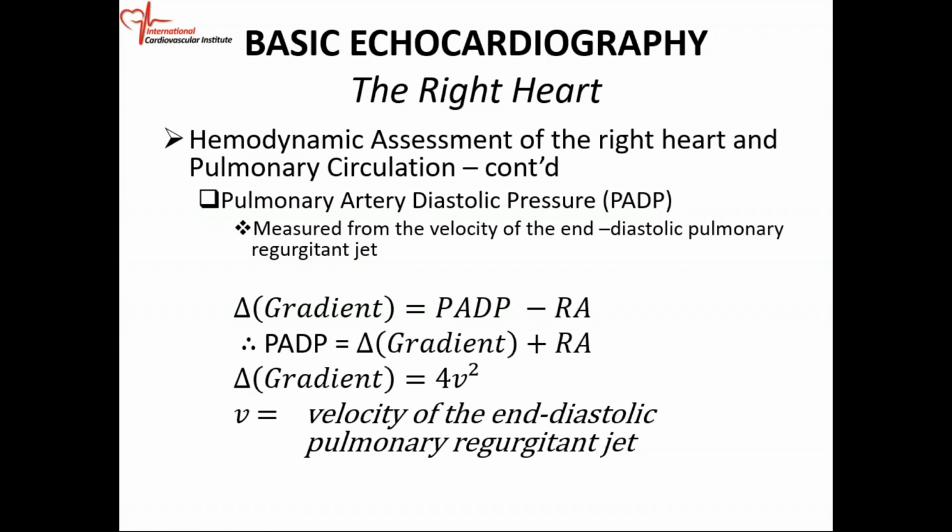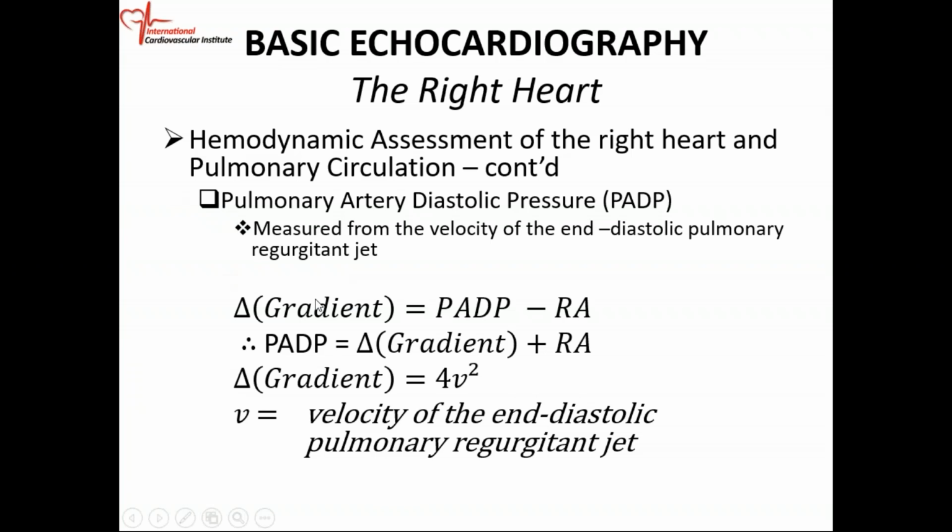With pulmonic insufficiency, you have blood flowing from the pulmonary trunk across the pulmonary valve into the right ventricular outflow tract. The only reason why that is occurring is because the PA diastolic pressure is greater than the RVOT diastolic pressure, and that difference is the gradient.